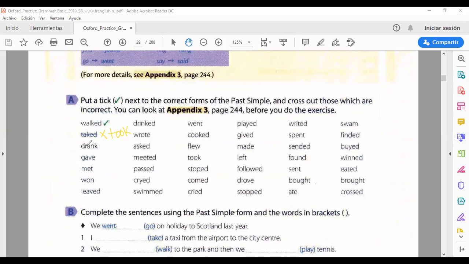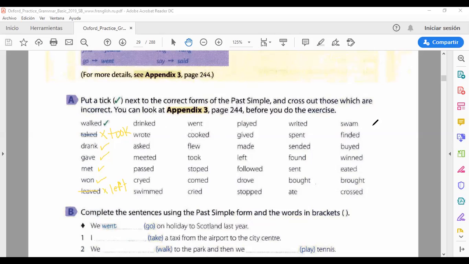Drank, is this correct or not? Yes, it's correct. Gave is correct. Meet or met. Actually, meet is present, met past. So it's correct. Won, it's also correct. Leave, this is incorrect. Left, this is the correct form. This is an F, left. Okay, so this is what you have to do.